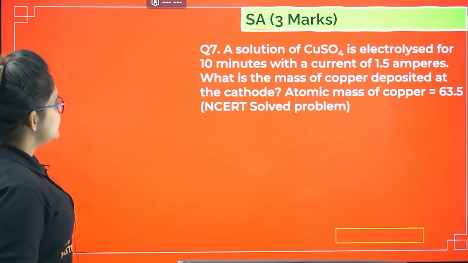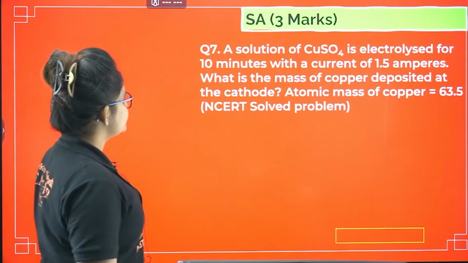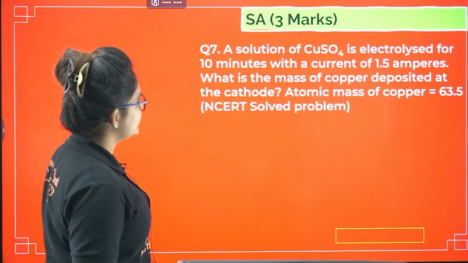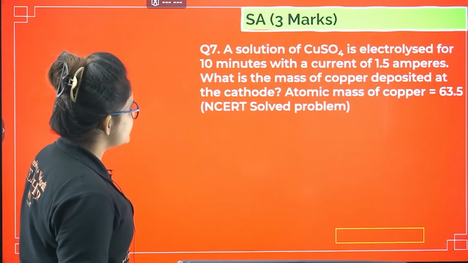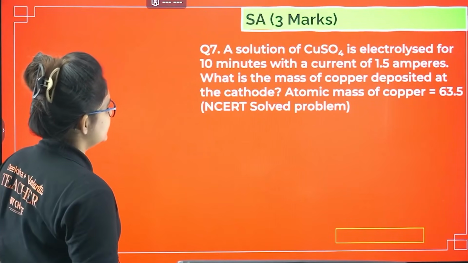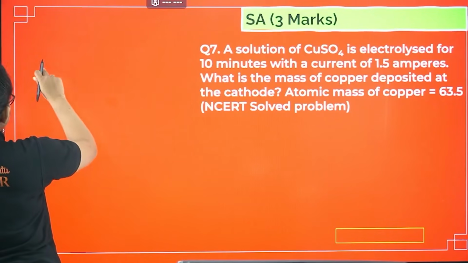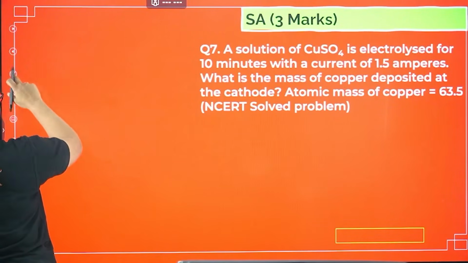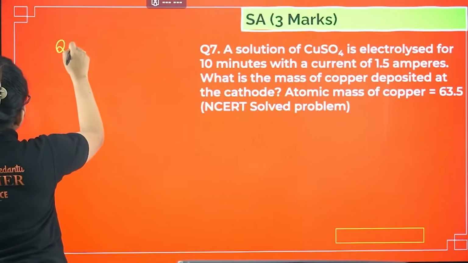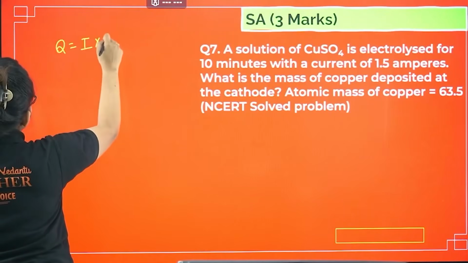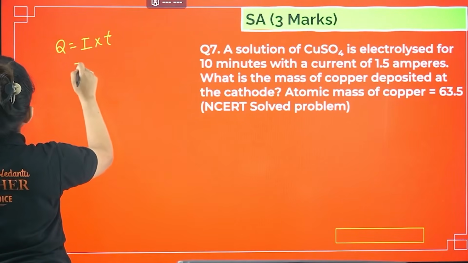Here you can see a solution of CuSO4 is electrolyzed for 10 minutes with a current of 1.5 amperes. What is the mass of copper deposited at the cathode? The atomic mass of copper is given. Fine. So we can use Q equals I into t to find the charge.